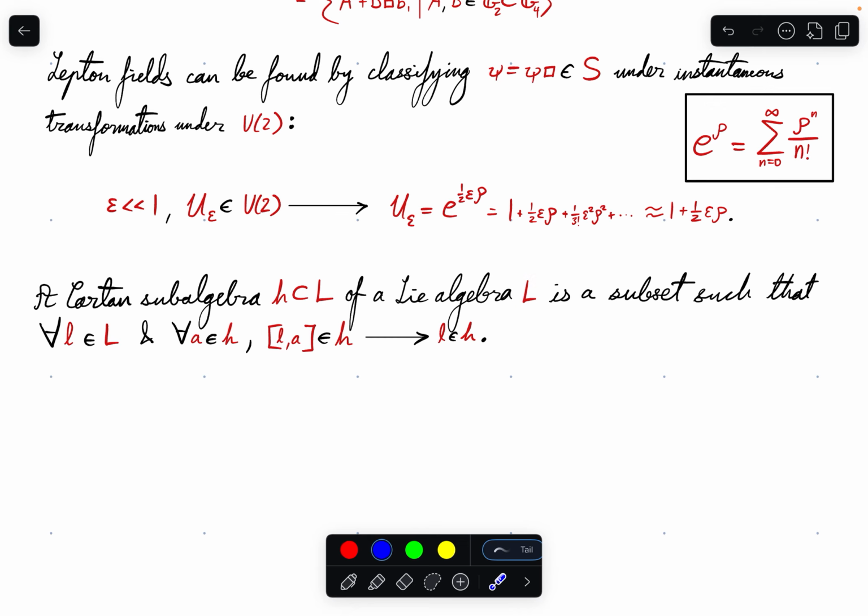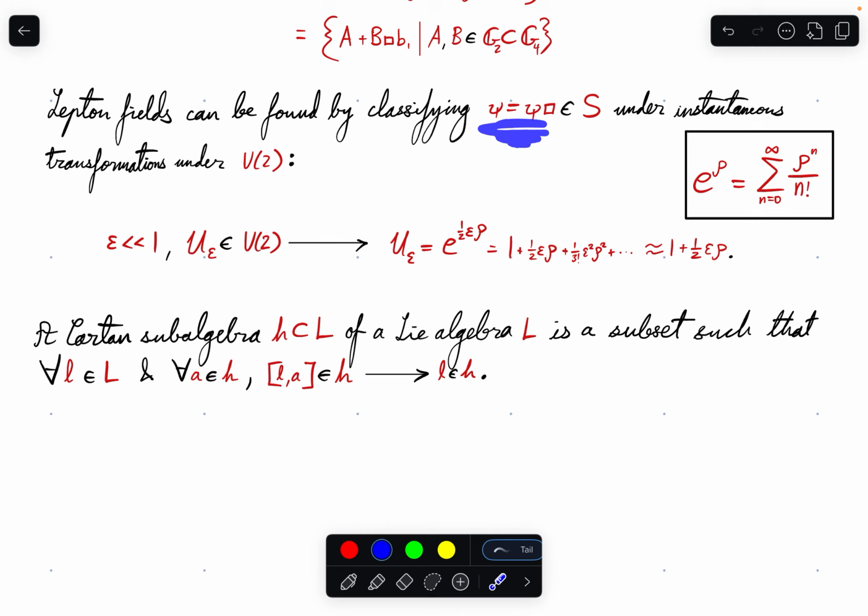This is different. And so what we're going to want to do here is we're going to consider the commutator. We're going to take the elements of our spin space here and then put them into this L here and consider the commutation with A, where A will be in the Cartan subalgebra.